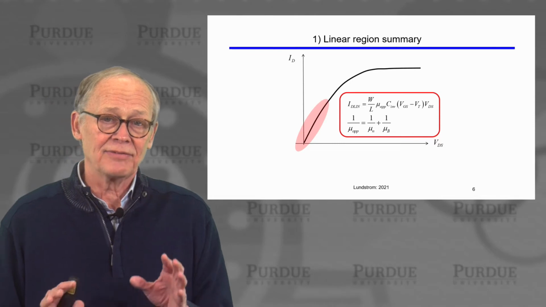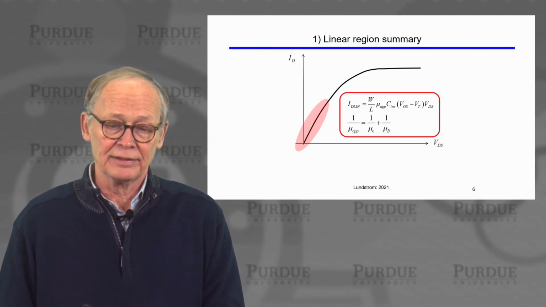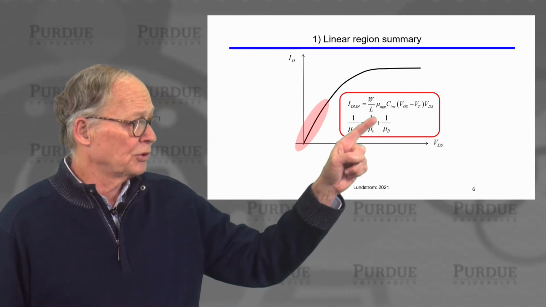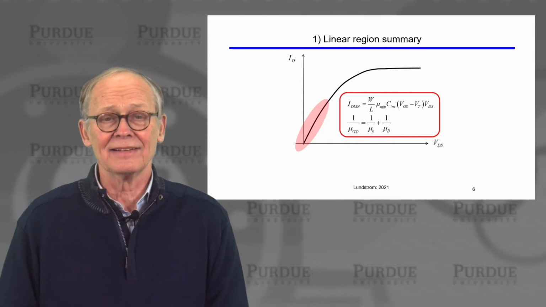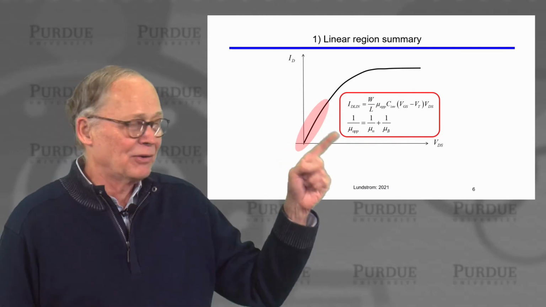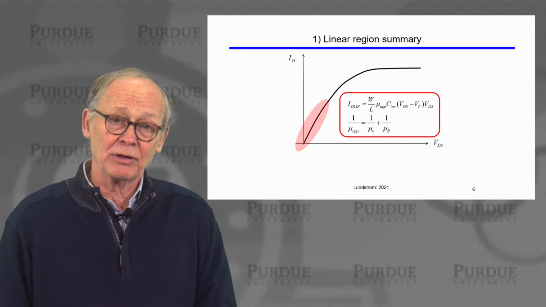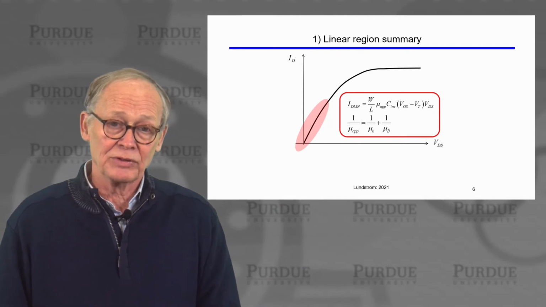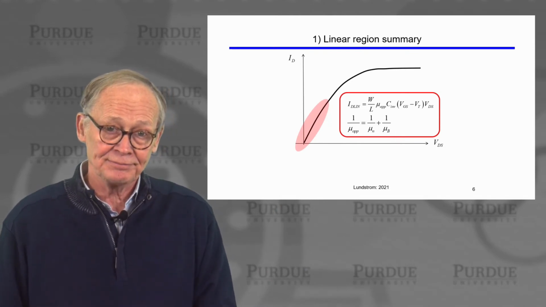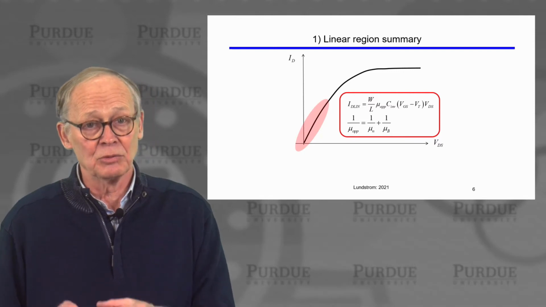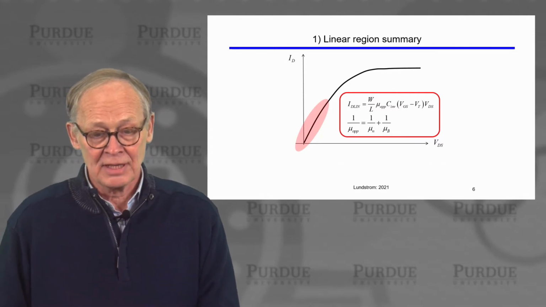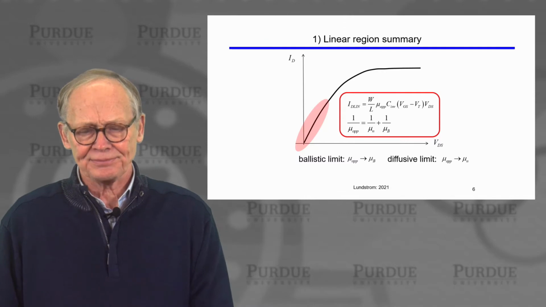Well, we're going to write the final linear region current in this form. We're going to put those quantities together, and we're going to define something that we call an apparent mobility. 1 over the apparent mobility is simply 1 over the mobility due to scattering, plus 1 over the ballistic mobility. So that's an apparent mobility.